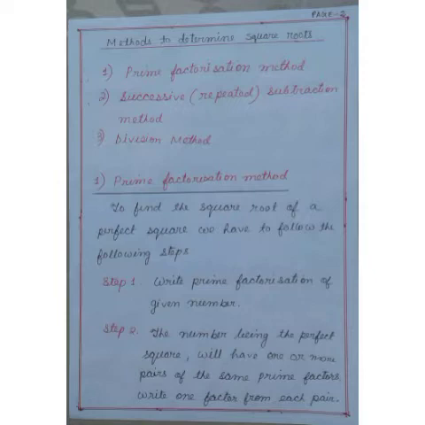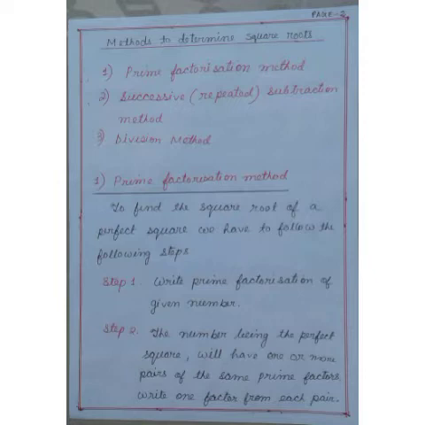Method 1, prime factorization method. You have done some problems in the last class, but some of you are having some confusions, I think. So again I am repeating this method. To find the square root of a perfect square, we have to follow the given steps.